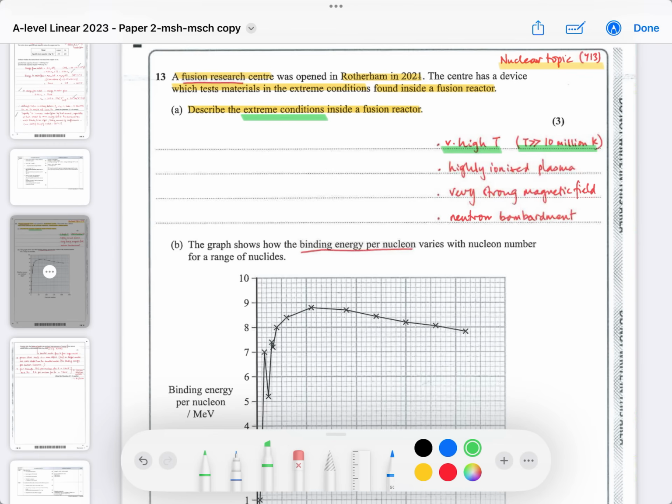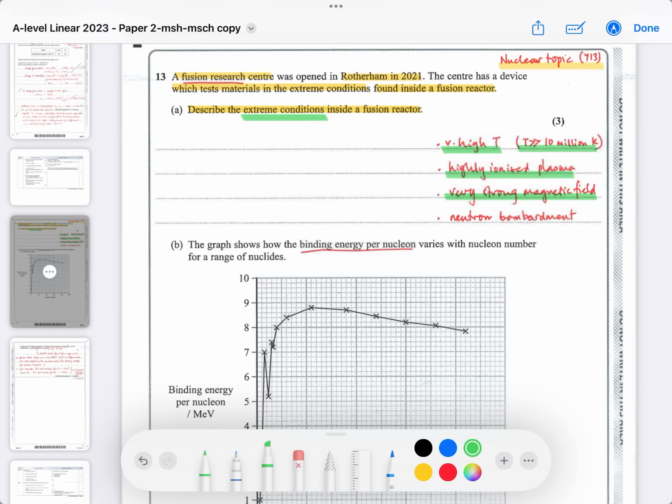Now, of course, if it's very high temperatures, then it is likely to be high pressure as well. And the extreme conditions are also because we have highly ionized plasma. So everything is ionized. So you're going to have lots of charged particles, and they're contained inside very strong magnetic fields.